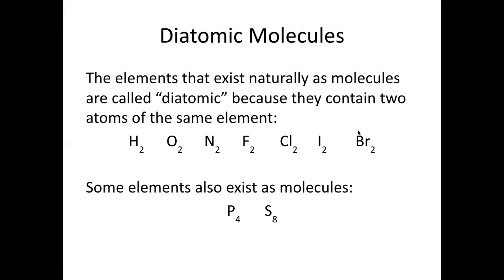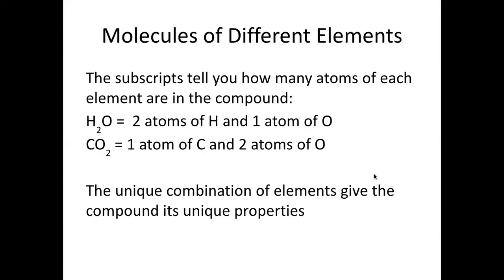These exist naturally in nature as these diatomic molecules. Some elements also exist as molecules, but they're not diatomic. So you can see here, phosphorus doesn't have just 2, it can exist with 4, and the same with sulfur. It can exist with 8 sulfur atoms together.